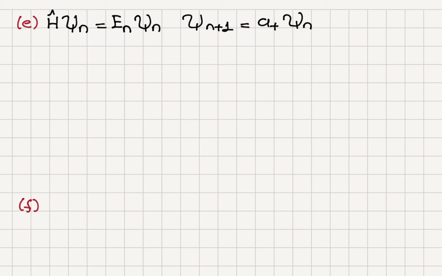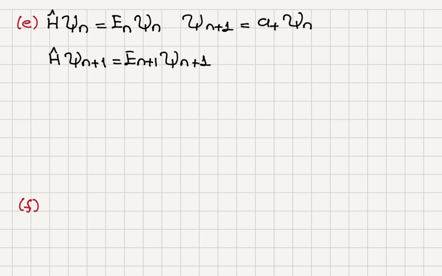Now this operator is increasing, and so you can see that we can call this the raising operator. So the Hamiltonian operator applied to psi n plus 1 is equal to E n plus 1 psi n plus 1. So we know this result.